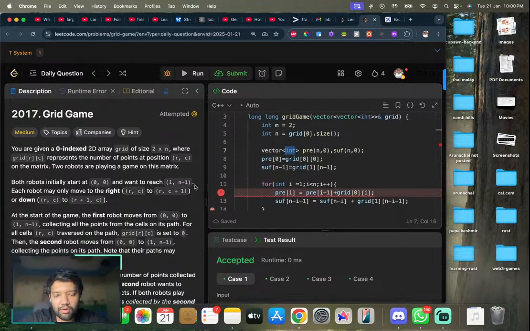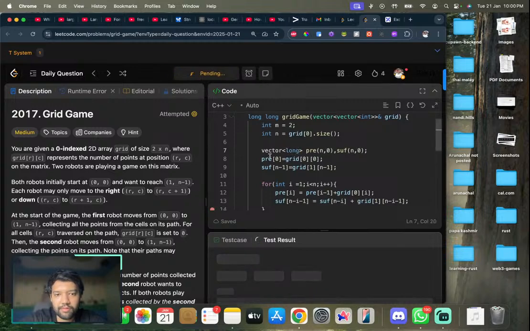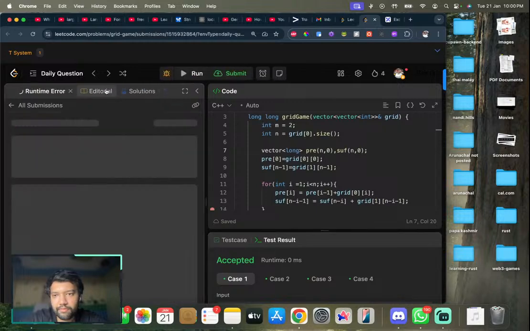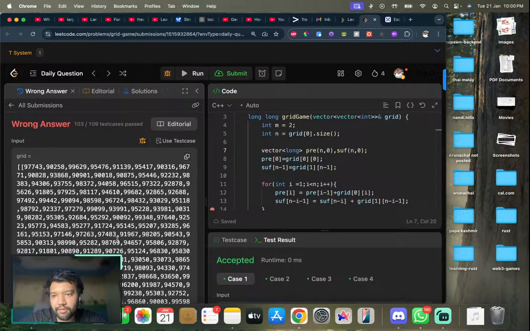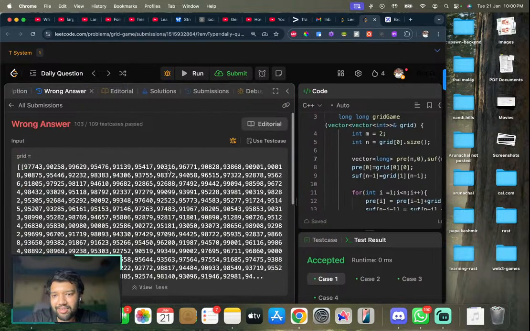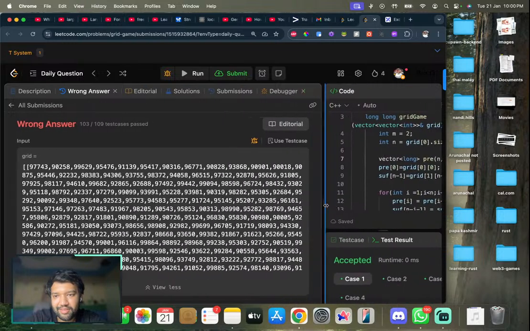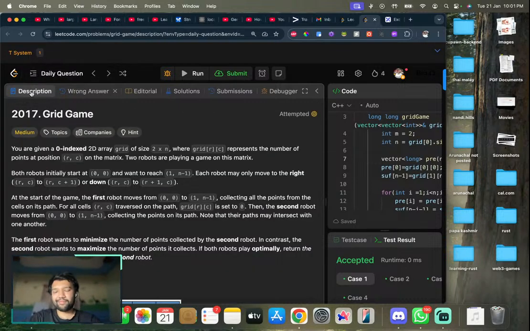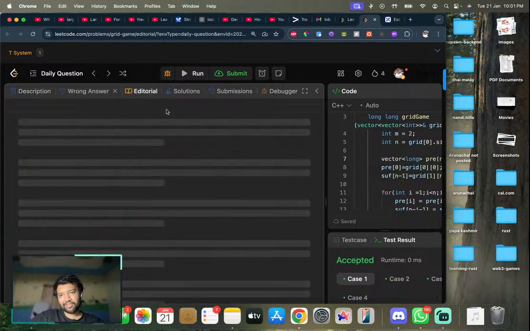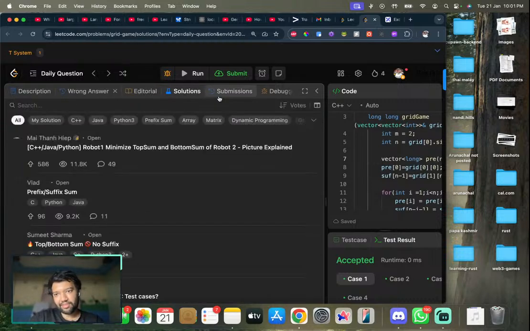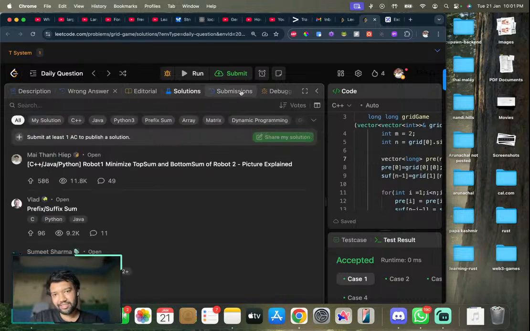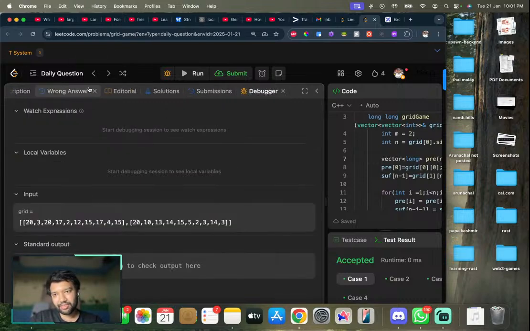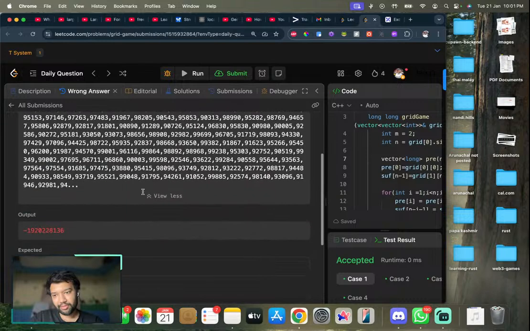Mm, no, okay. I can't even figure out this case because it'll be so difficult to figure out this test case even. This is sad. It'll be difficult to debug why this answer could be wrong.